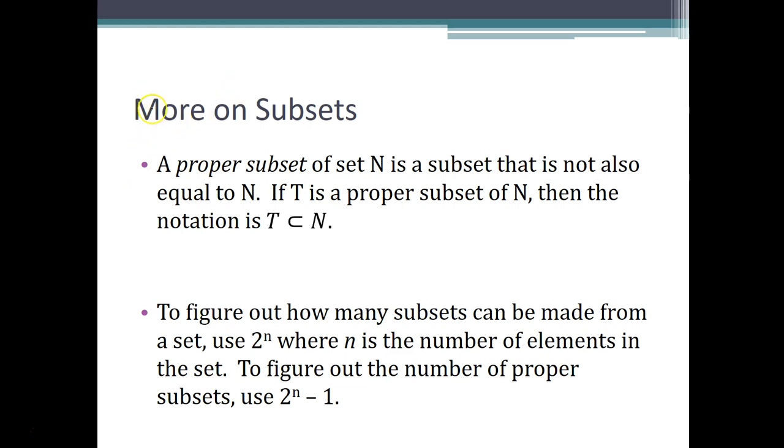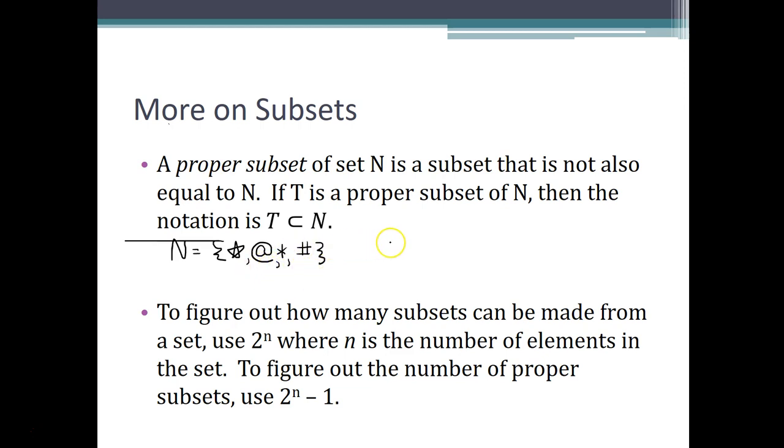Okay, so let's say we have set N that contains star, at, asterisk, and pound. We separate the elements with commas.